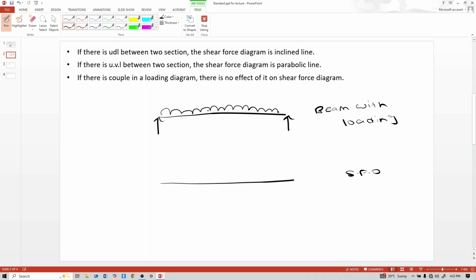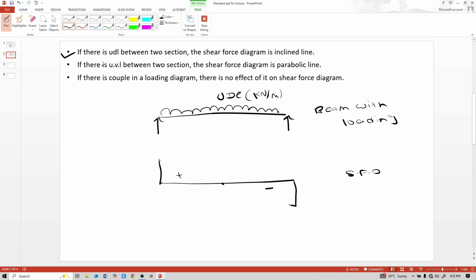Due to this UDL, in kilonewton per meter, the shear force diagram is maximum at the support and minimum at the center, and this is an inclined line. Positive, negative. So this is the meaning of this bullet point.